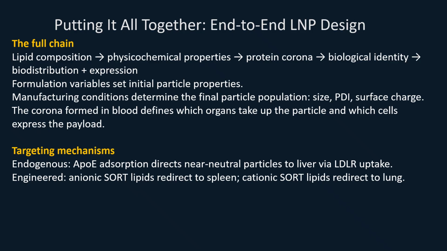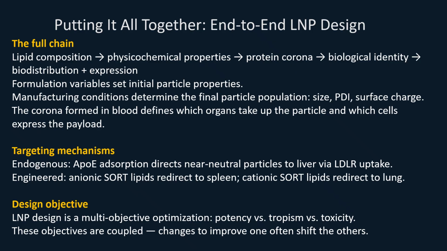Potency, tropism, and toxicity are coupled. A formulation change that improves delivery efficiency often shifts tissue targeting or increases immune activation. So that coupling is exactly what makes computational modeling valuable in this space.